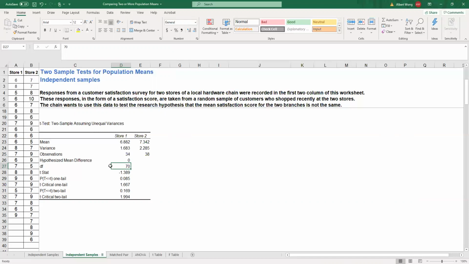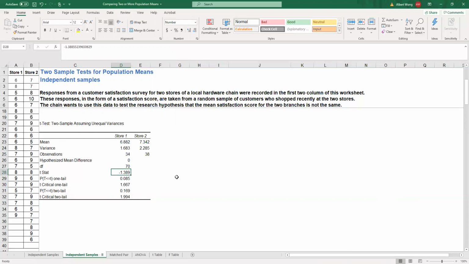If you're using Excel, just use 70 instead of taking the number and subtracting 1, because you don't know whether Excel actually rounds it down sometimes, and if you do that, you would make a mistake. In almost all cases, it does not really matter whether you use 69 or 70. So if you're using Excel to generate this output, you just use 70.